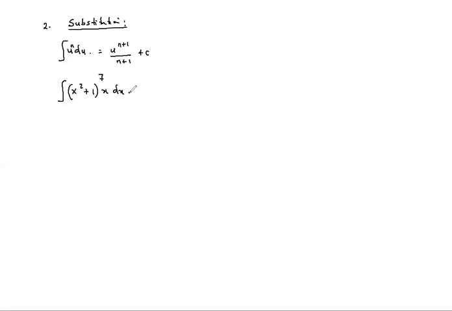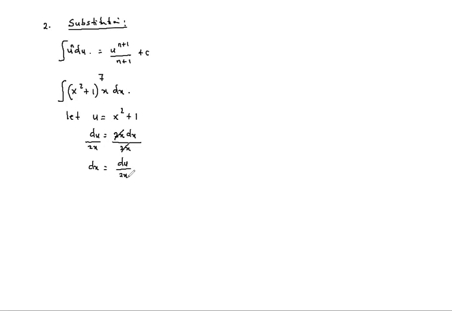When you look at the inside, if we let what is inside power 7 to be u, it will be x^2 plus 1. du is going to be 2x dx. So I can solve for dx. I divide by 2x so that dx becomes du over 2x.